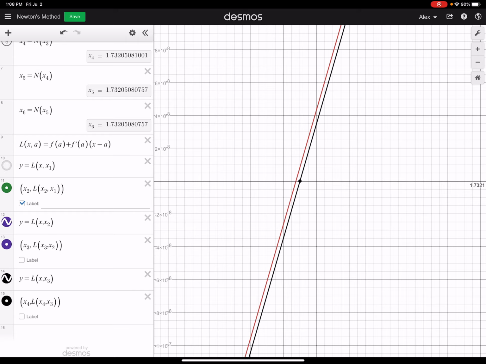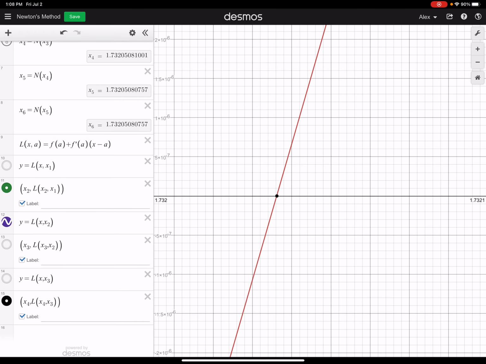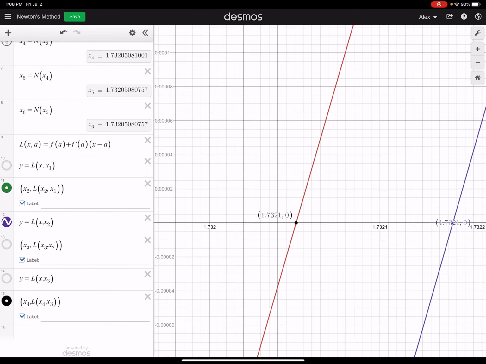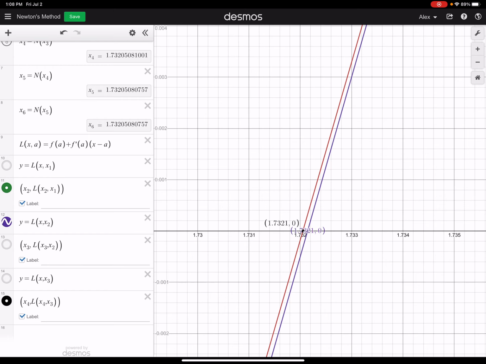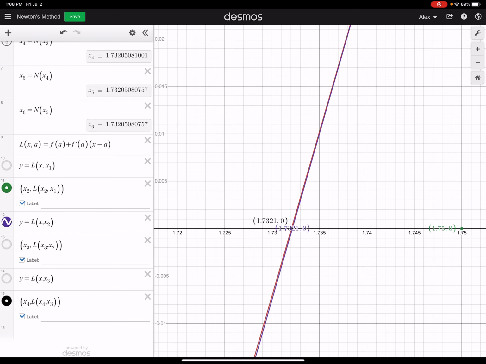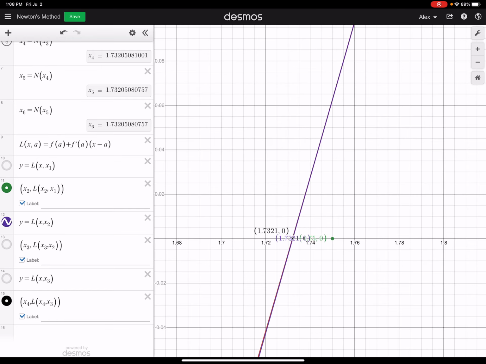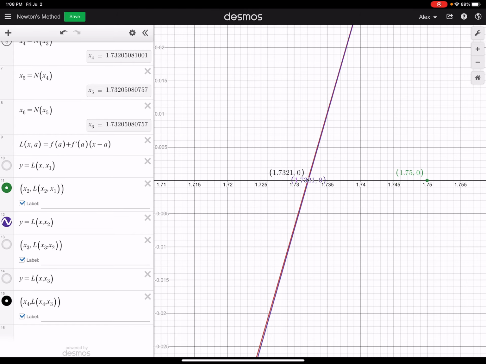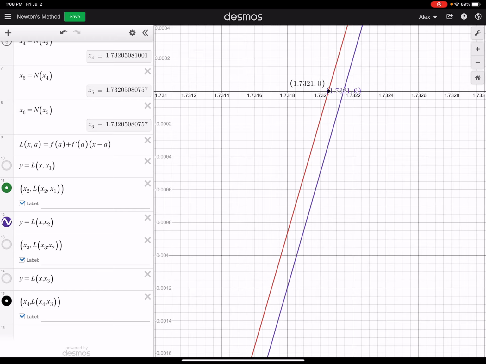Okay? And then just to be clear, these are the points that we're left with, right? Let me label these points just so you can see how close we get. A little bit further. And, no, I think I missed the green one right there. Okay, so you see the green one, 1.750. Purple one, 1.7321.